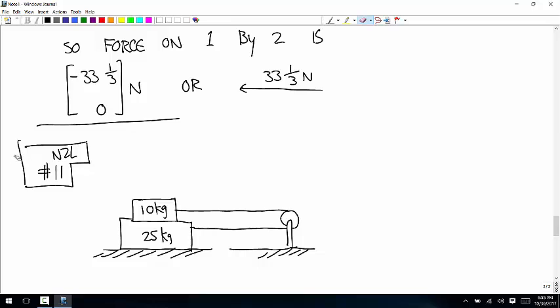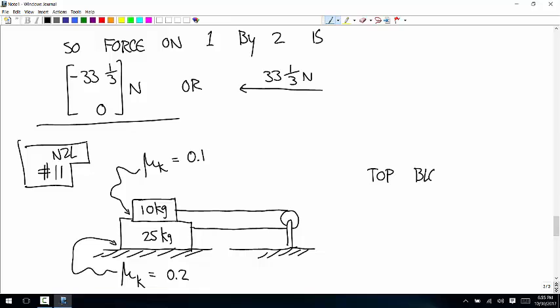At the instant shown here, first it gives coefficients of friction. So at this contact, the coefficient of friction is 0.1. And at this contact, the coefficient of friction is 0.2. And at this instant, the top block is sliding to the left.